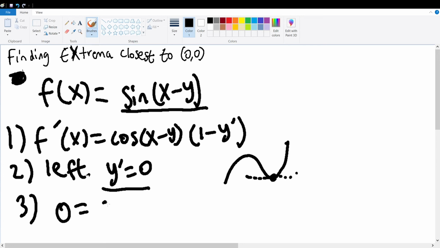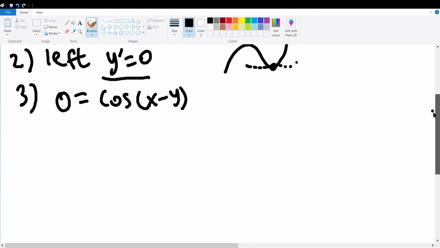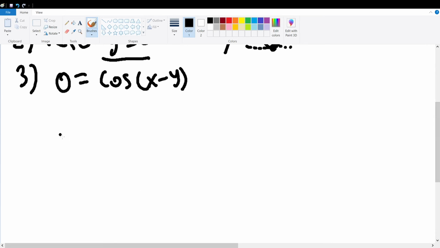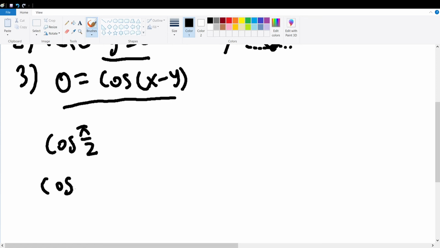0 equals cosine of x minus y times 1, which will be cosine x minus y. Now we simply just have to do some algebra to solve this equation. Now, cosine is 0 when the angle equals pi over 2, and you could say also it could be negative pi over 2 or 3 pi over 2.